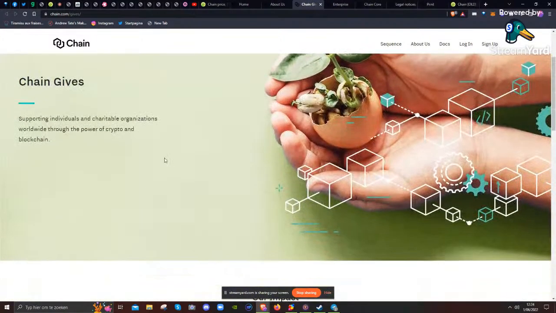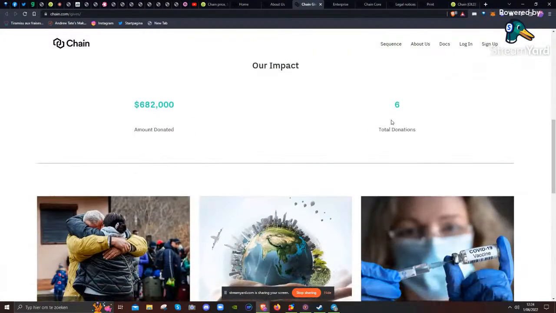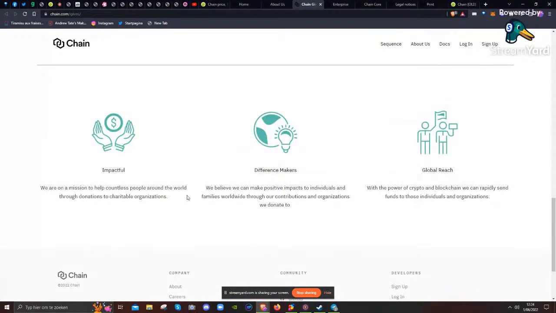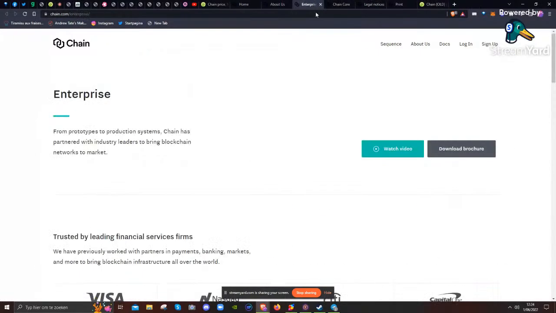Chain gives, supporting individuals and charitable organizations worldwide through the power of crypto and blockchain. Impact among donated total donations. Supporting Ukraine with reform, COVID support, impactful. Okay, so that's the goodwill they have.